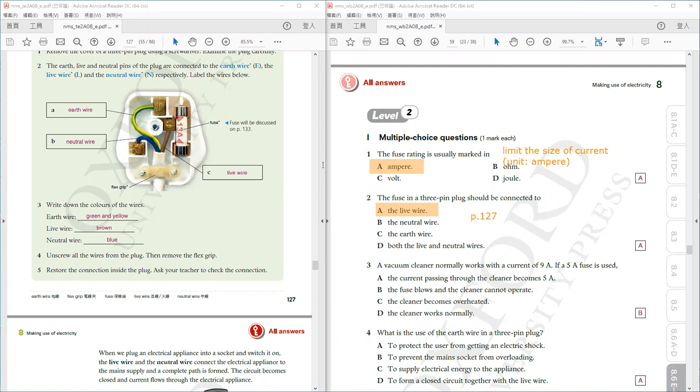So the vacuum cleaner normally works with a current of 9A, 9 ampere.